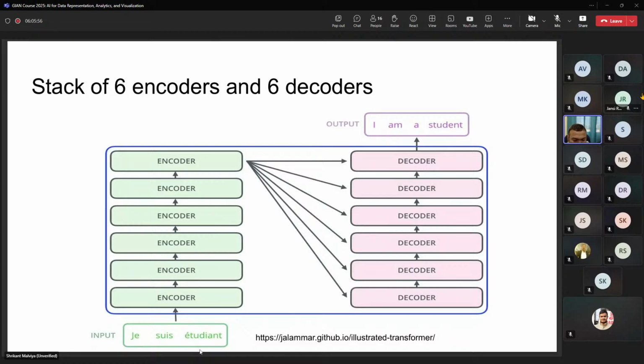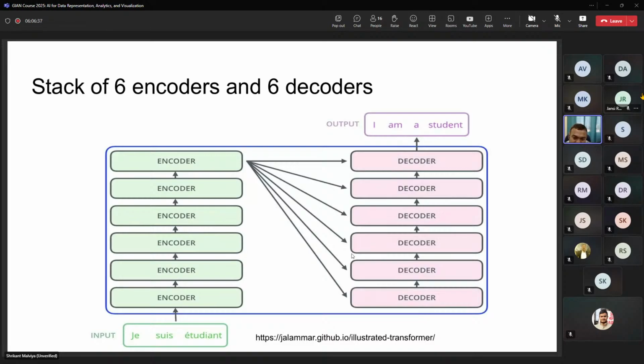Suppose this is French. First, the French input is processed by various nodes of the encoder: one, two, three, four, five, six. So six encoder nodes will process this input information, and this aggregated information will be used at each decoder node. The decoder process will start with the very first decoding node.